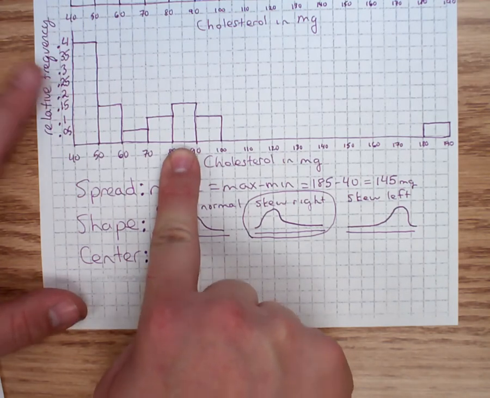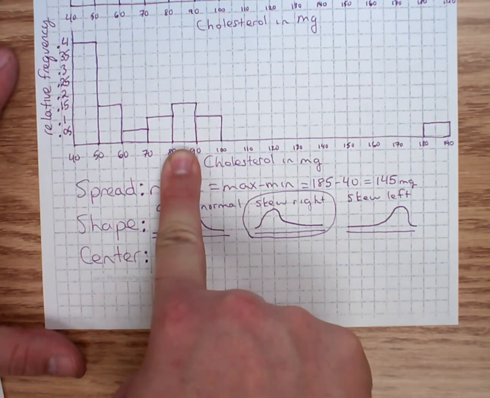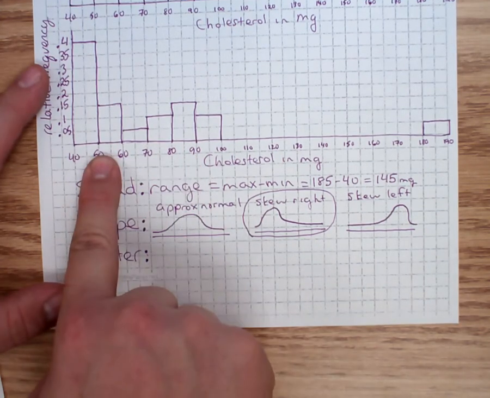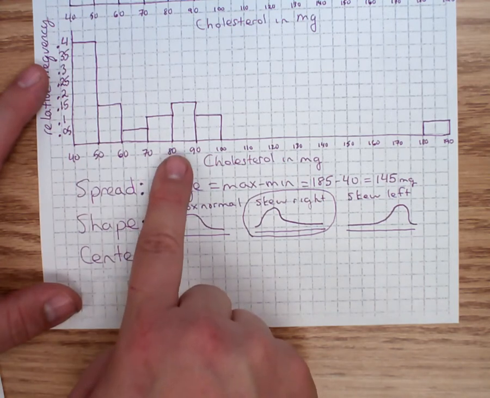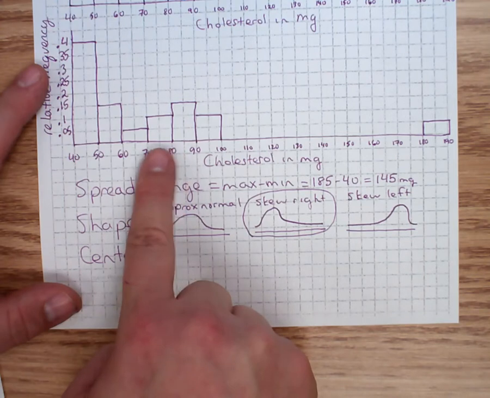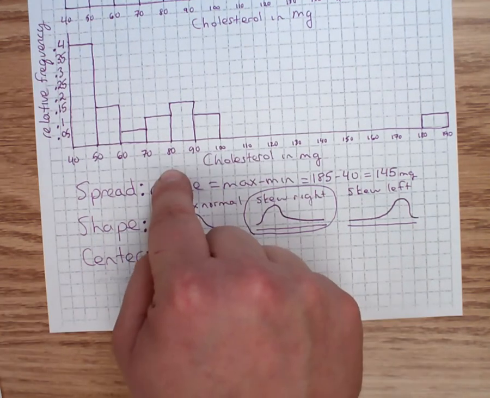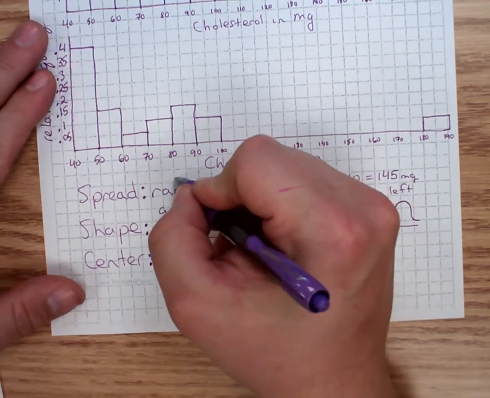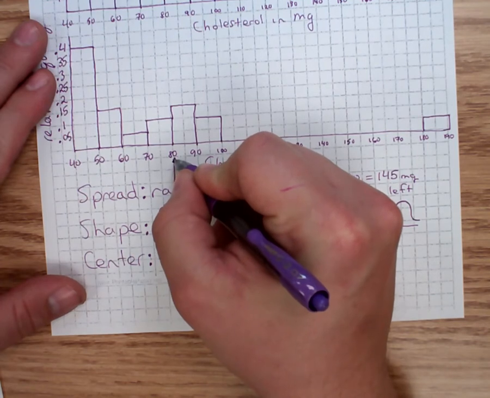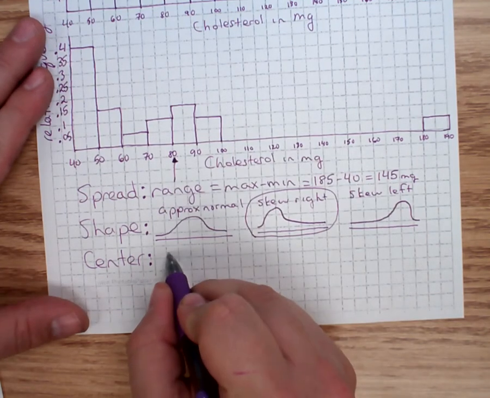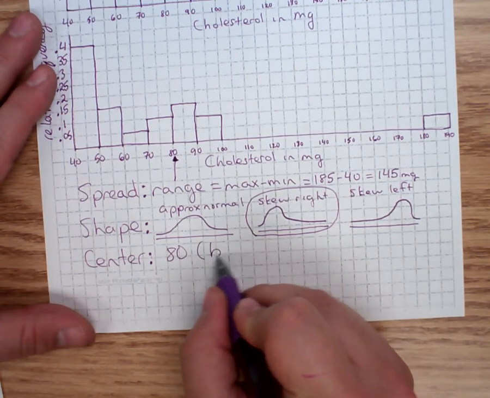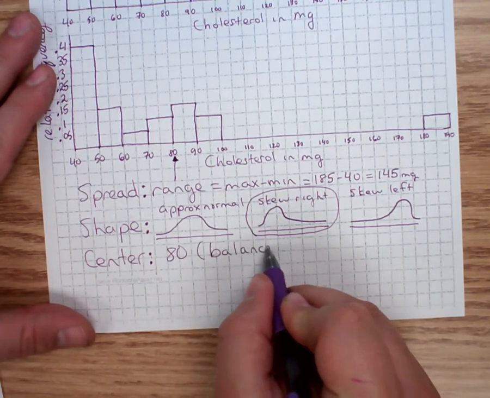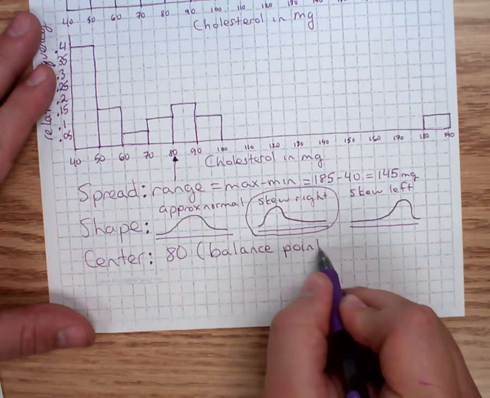Is this the balance point for all this data? All right, I've heard mostly 75 and 80. Let's say 80, just because that's the most I've heard out of all of you. So what you can think about here is that this is the balance point of your data.